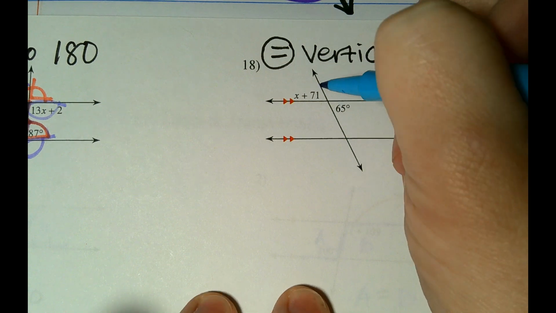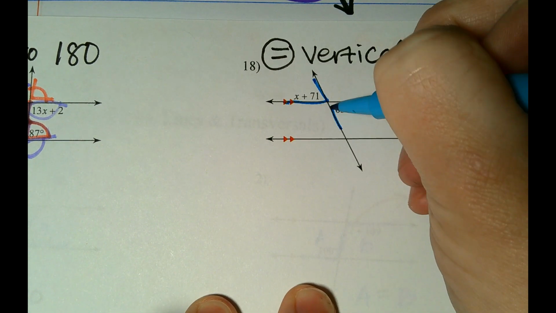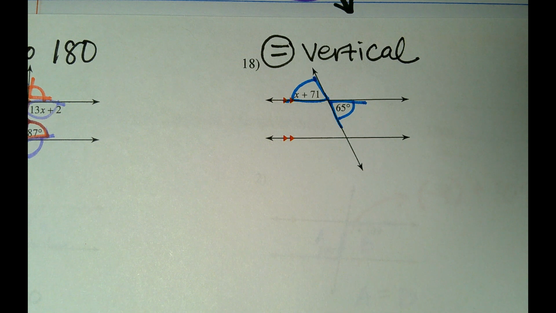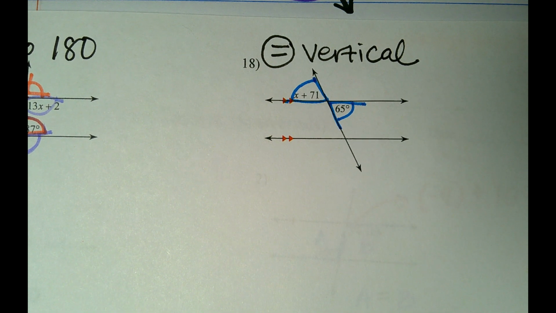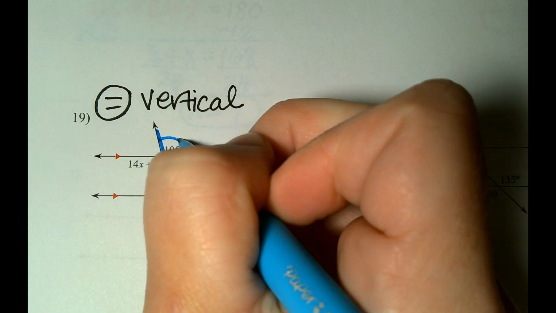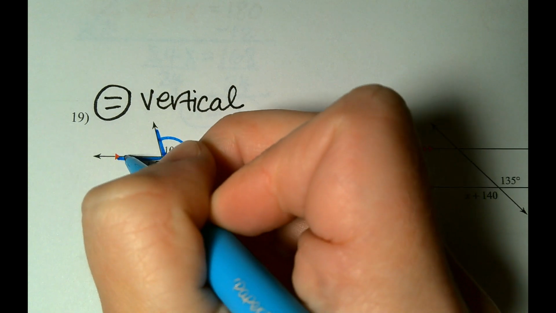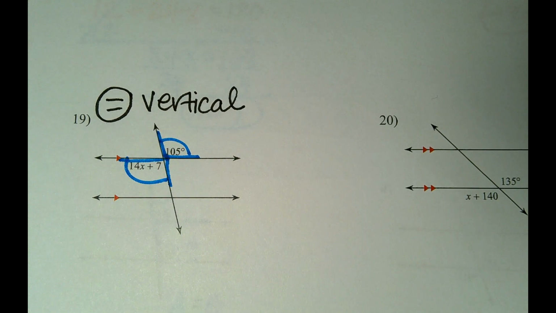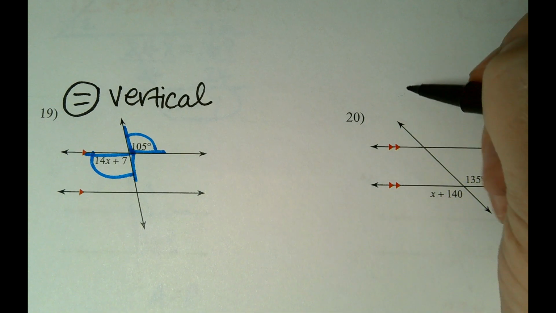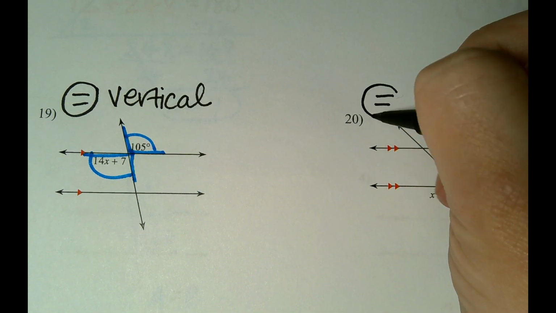Here we go. Vertical, so they're equal. What about 20? Equal. What are they? Vertical. Good.